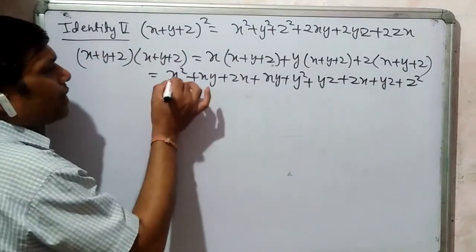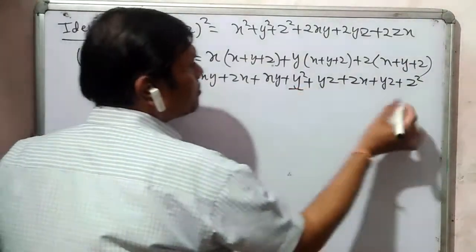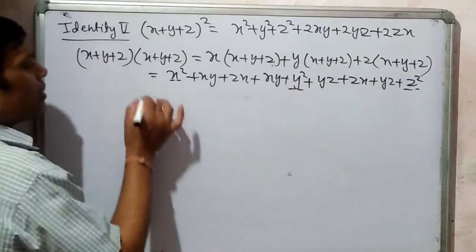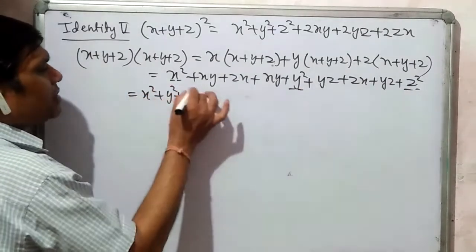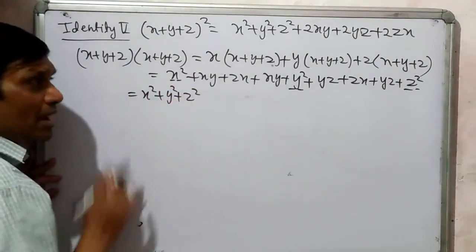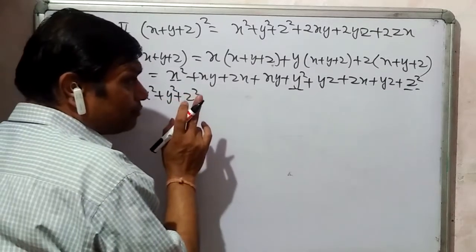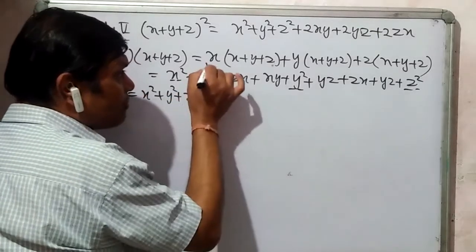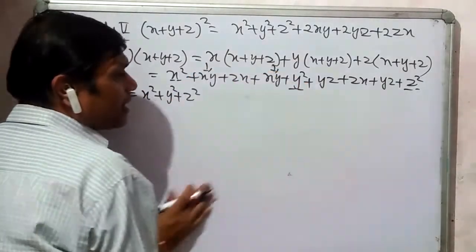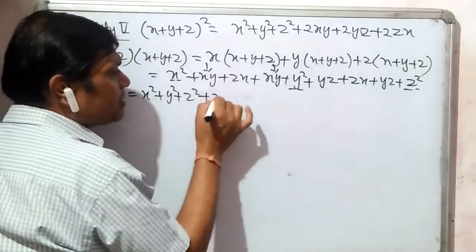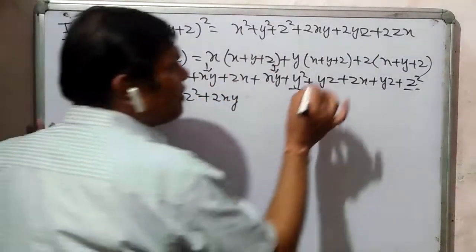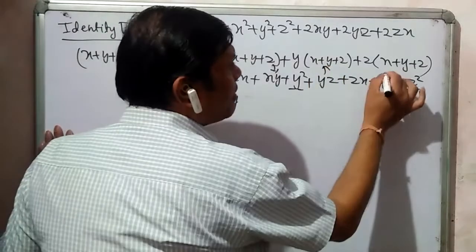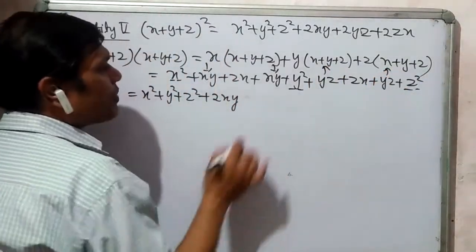Let us collect up the square terms. They are x square plus y square plus z square. Then let us collect like terms. We have xy and xy. xy plus xy is twice xy. Then we have yz and yz.